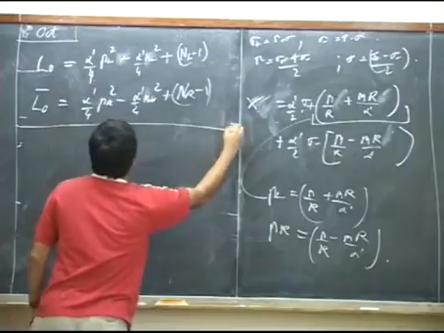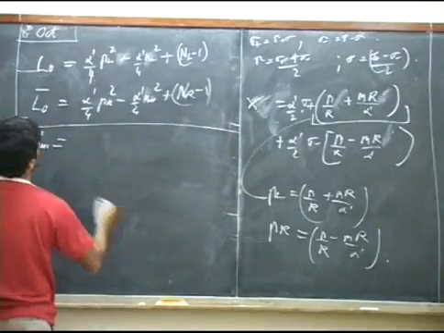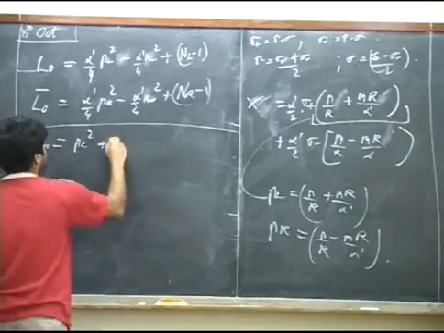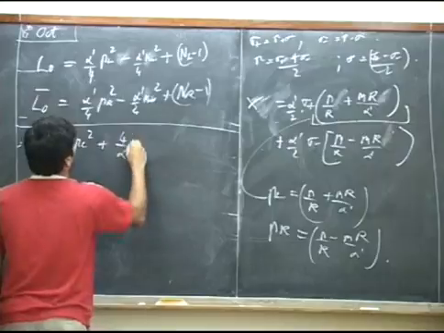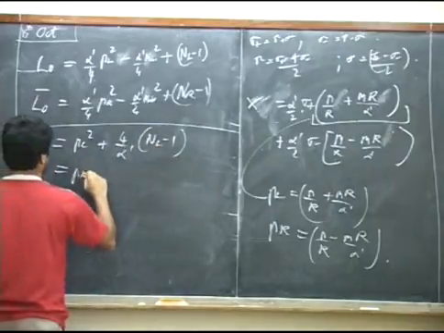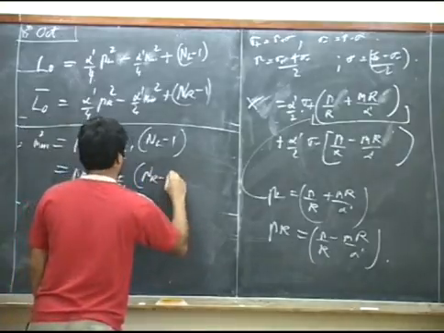So we get the formula: mass squared is equal to P_L squared plus 4 by alpha prime into (N_L minus 1), and also equal to P_R squared plus 4 by alpha prime into N_R.